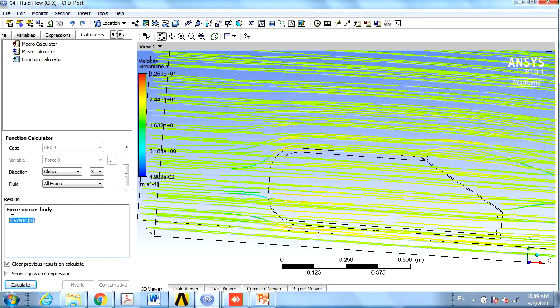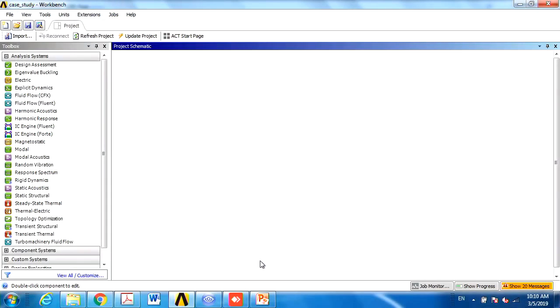So the flap does not necessarily improve the design, but what it will improve is it will make your car stick to the ground.